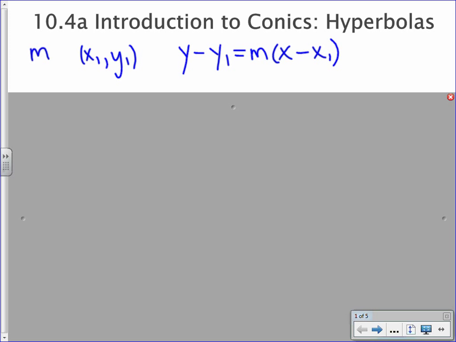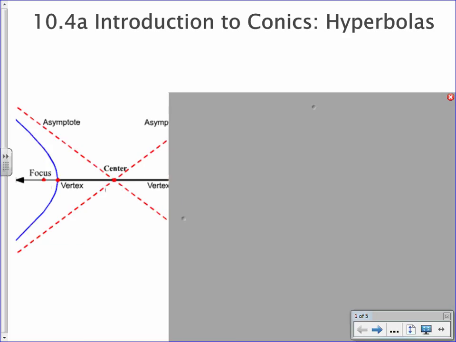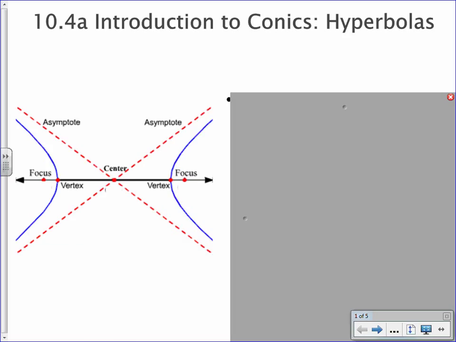So, what is a hyperbola? This is what a hyperbola looks like, and you will see some similarities to that of an ellipse. We have a center, two vertex points, and two focus points.